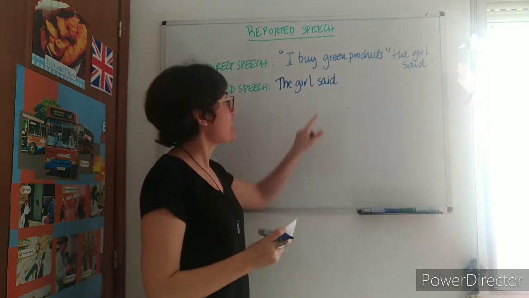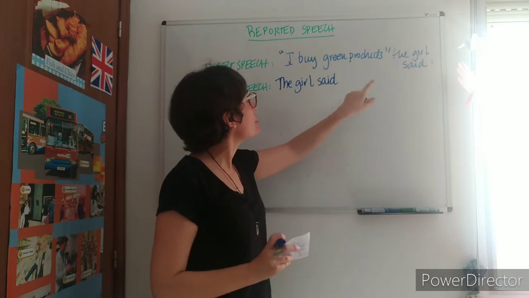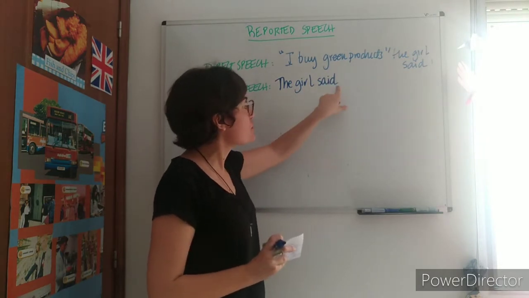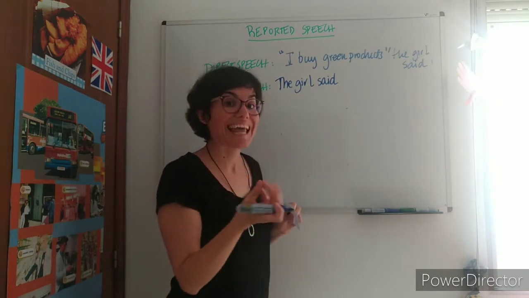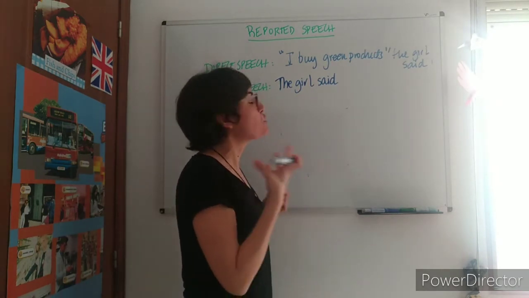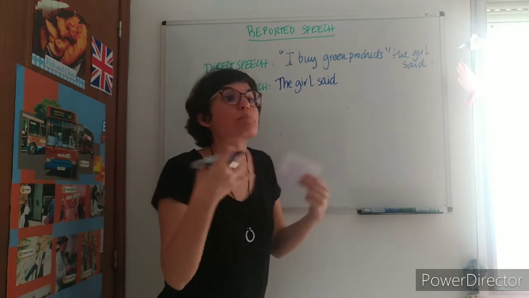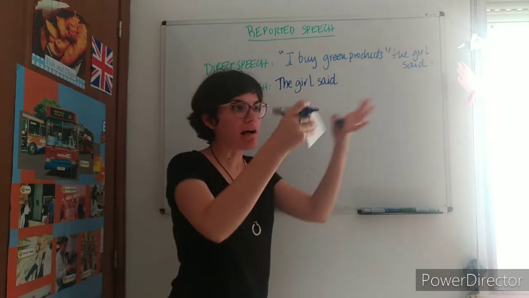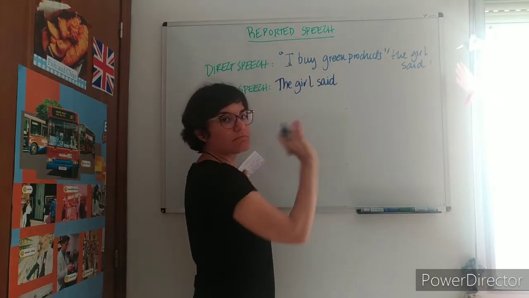If we use the verb said, we don't need to follow this verb by anything. But if we use the verb tell, for example, I told, the girl told me, it must be followed by a pronoun, okay? Me, us, you. But if you use said, it can be used alone.